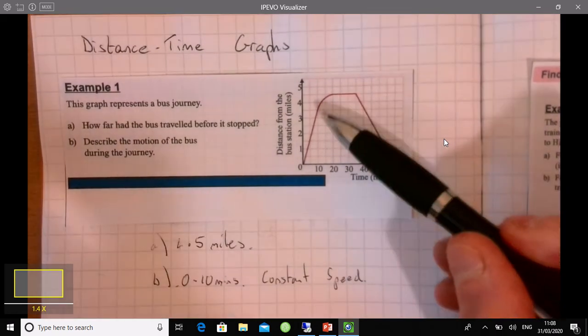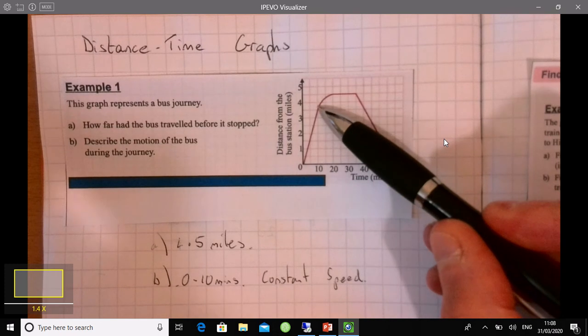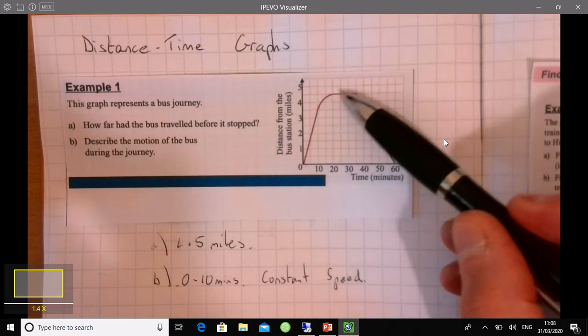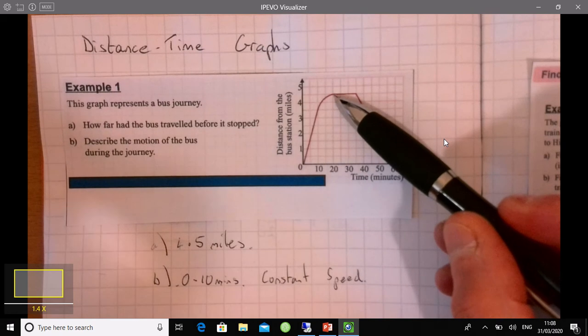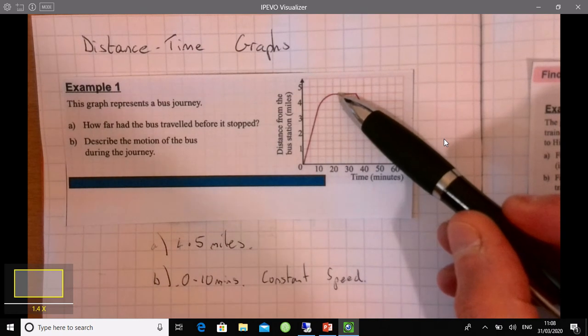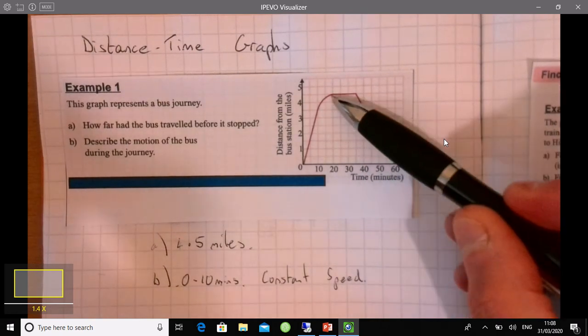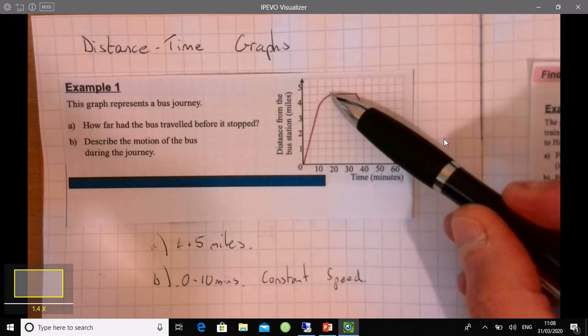Okay, now this next 10 minutes. Now you'll notice it's curved. It starts to flatten out. So at this point here, it stops just here. Right, it's stopping. So in this period of the journey, we are decelerating.